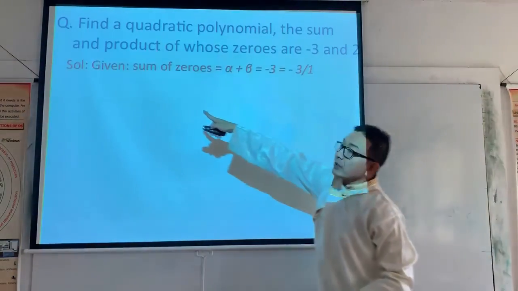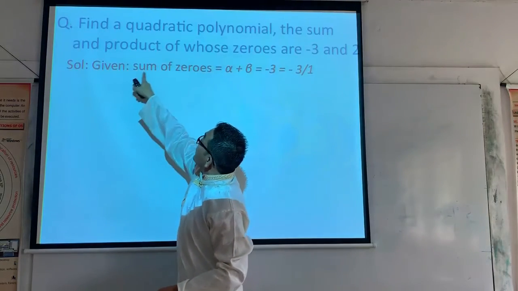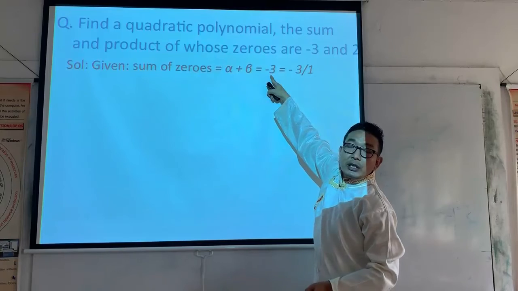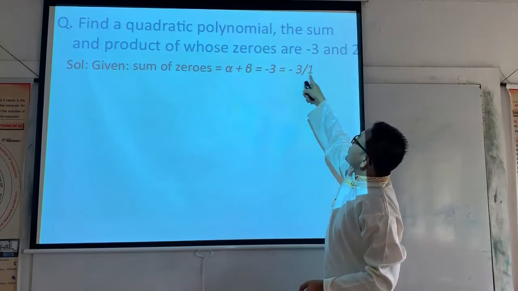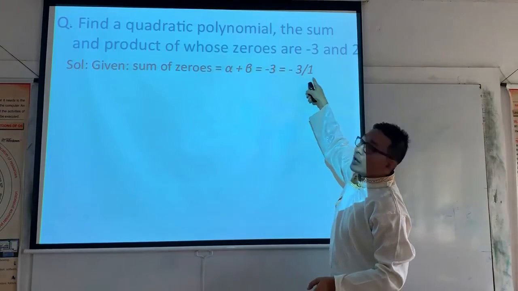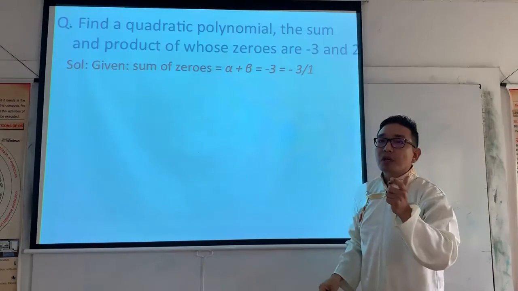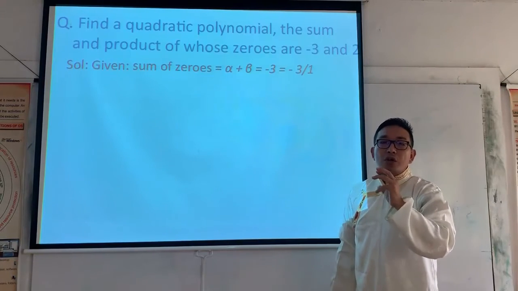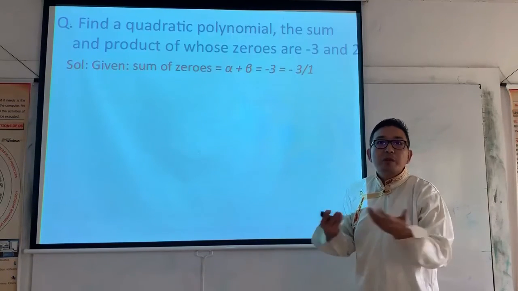So the sum of zeros, alpha plus beta, is negative 3, and we write it as negative 3 by 1, that is minus b by a.